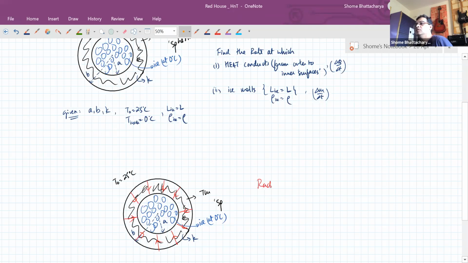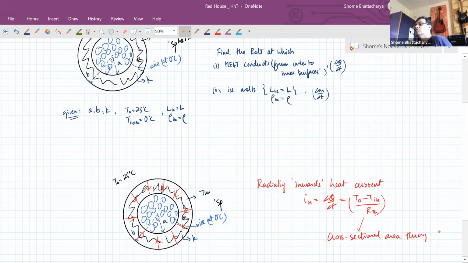So there is a radially inward heat current, or delta Q by delta T, which will be the temperature difference, outside temperature minus the temperature of the ice, divided by some thermal resistance. But in this thermal resistance, the cross-sectional area through which the heat is conducting is variable.